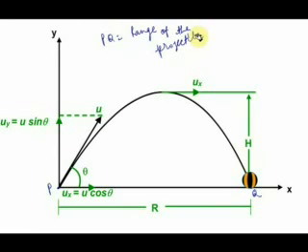So in order to calculate the range of the projectile, we need to find out the horizontal displacement in time t. So to find that displacement, that is x, we need the velocity in horizontal direction, which is u cos theta, and the time of flight, which is 2u sin theta by g.